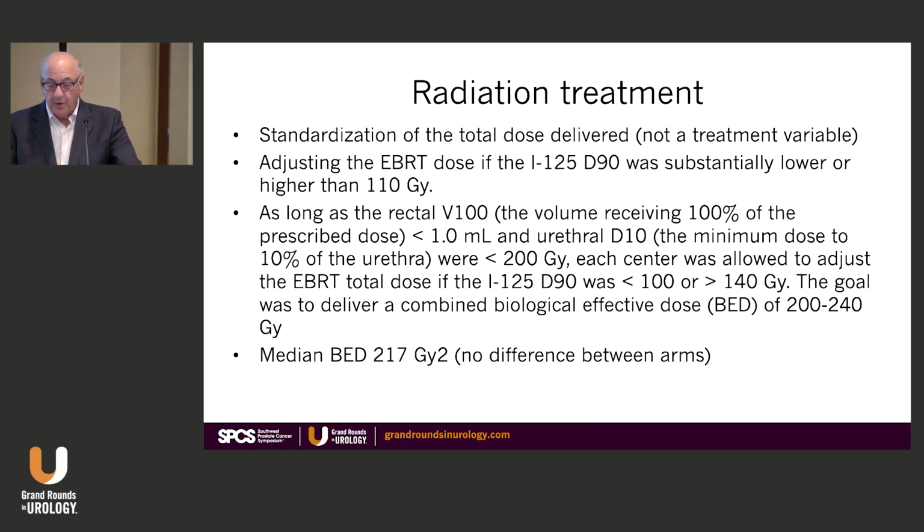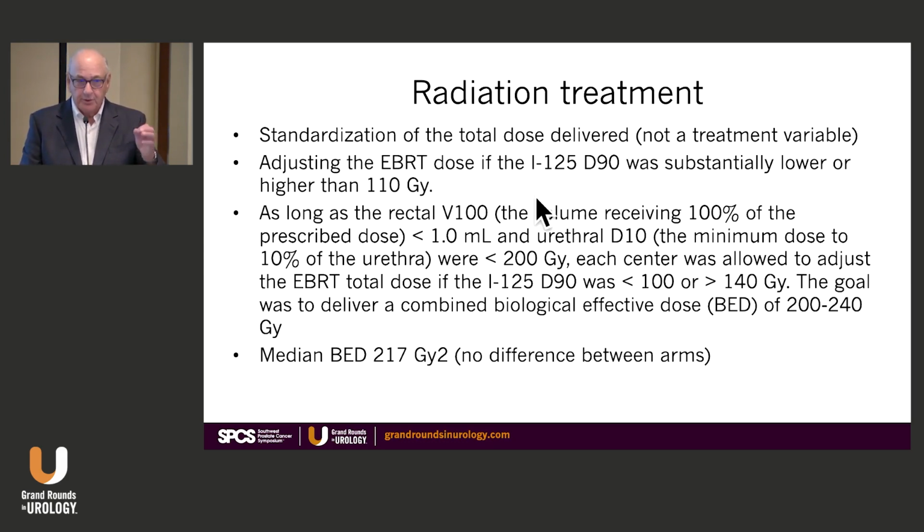So the problem with randomized studies when you're doing brachytherapy is that you could have a bias because some patients could have a much higher dose delivered than other patients. And if that becomes a variable, it's going to pollute your study and you're not going to be able to make sense of this. So it was very important to standardize the dose delivered.